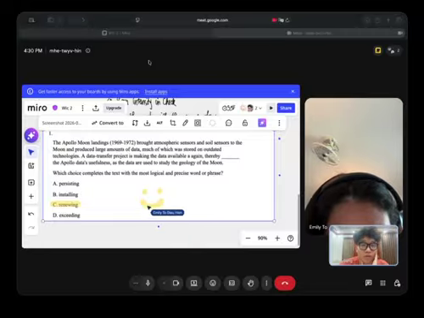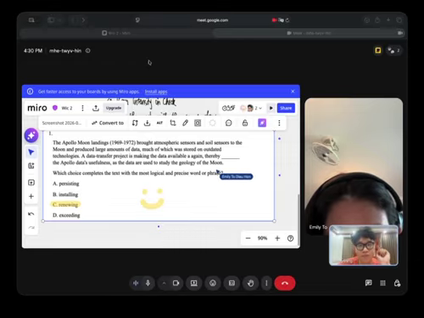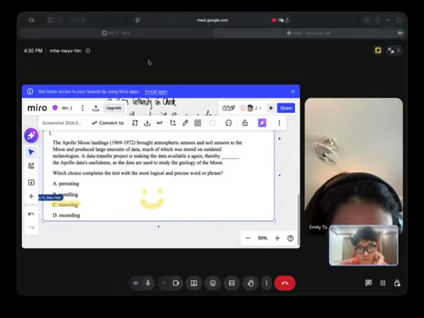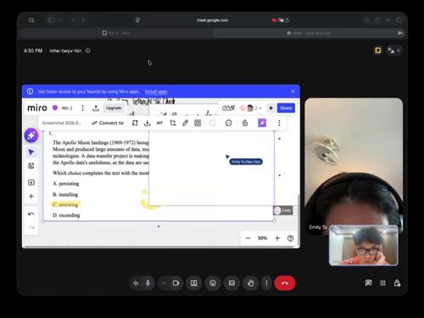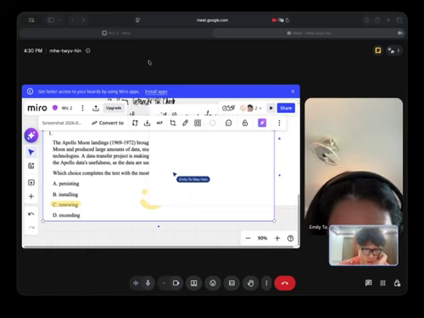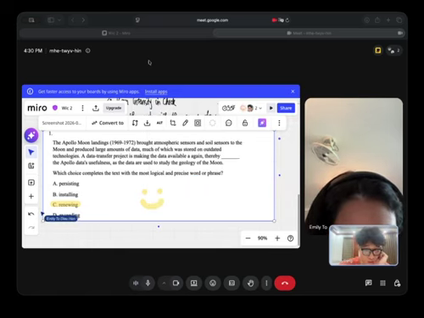Okay. So in the homework, I see that you chose D, and it is wrong. First, tell me why you chose D as your initial answer.